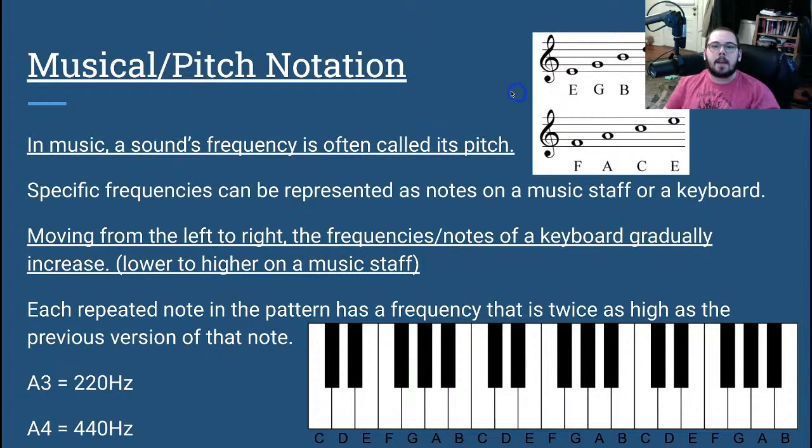This is a way to describe a music's frequency, which in music is often called the pitch, in a graphic manner. All right, so we give specific frequencies a note name, and you can refer to those by placing them on certain positions in the music staff. Moving left to right indicates the passage of time, and then the vertical aspect of this is the pitch.